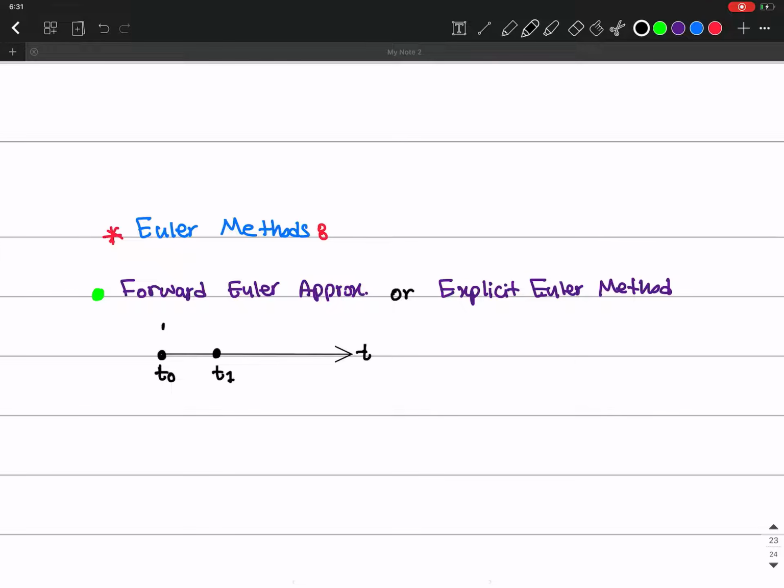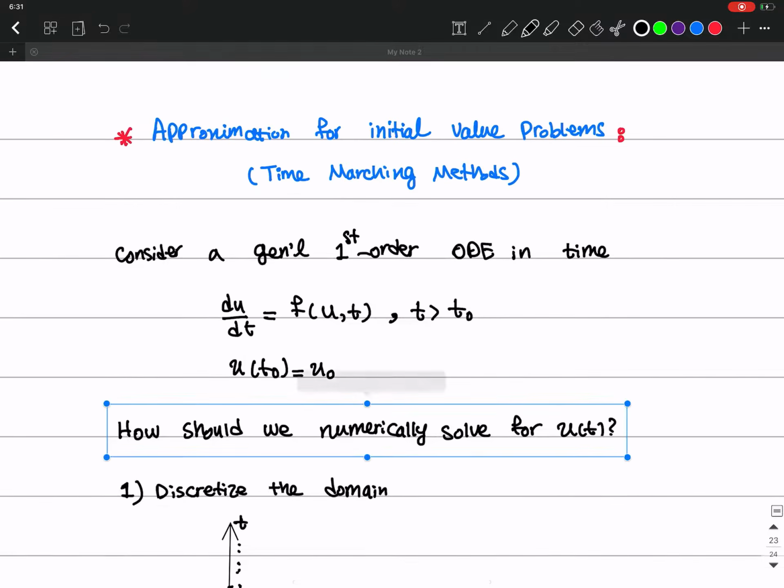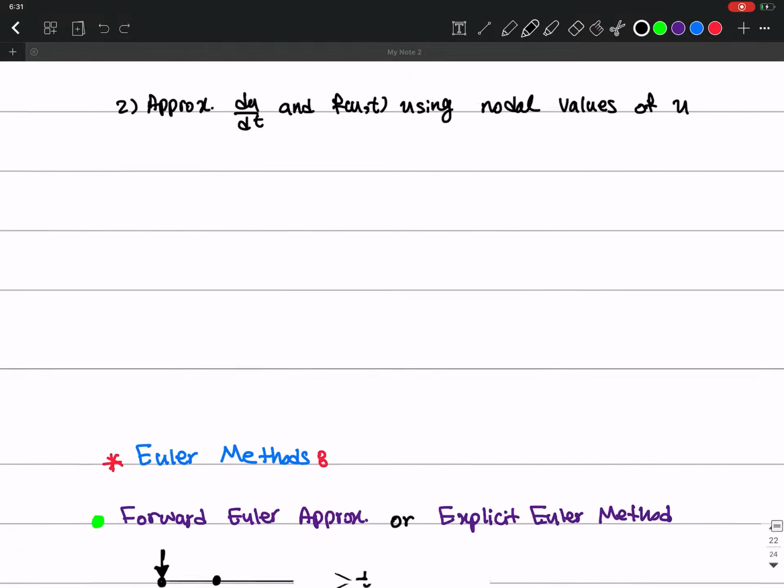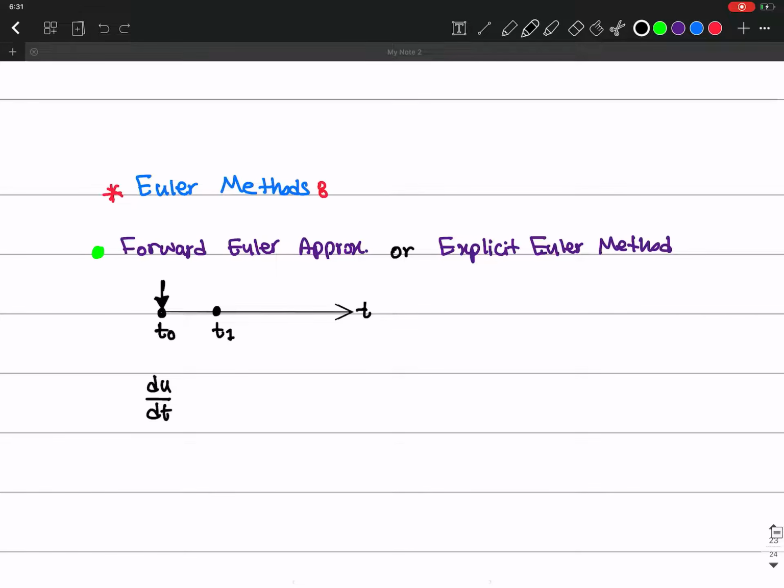And we just think that we are seated here, and we want to do the forward Euler method. First we have the equation. The equation tells us du over dt minus f(u,t), all of that evaluated at t0, equals 0.